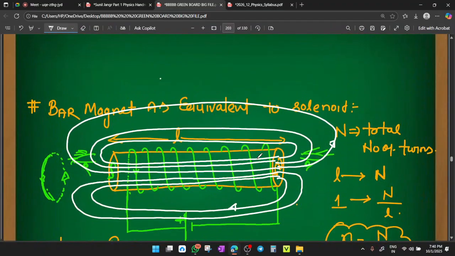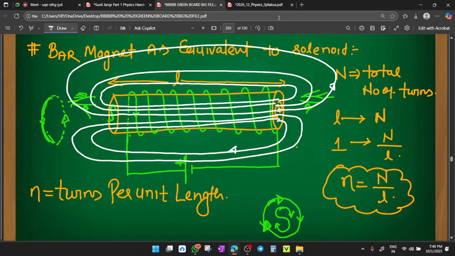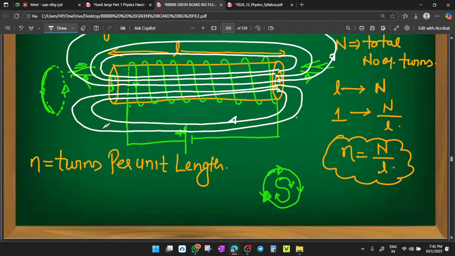Clear, beta? So this is all about bar magnet as equivalent to solenoid, or solenoid as equivalent to bar magnet. But remember, one thing is there. Here, the magnetic field will continue as long as the current is flowing. When the switch is on, the current will continue to flow.